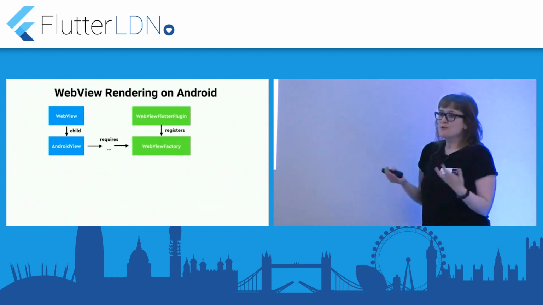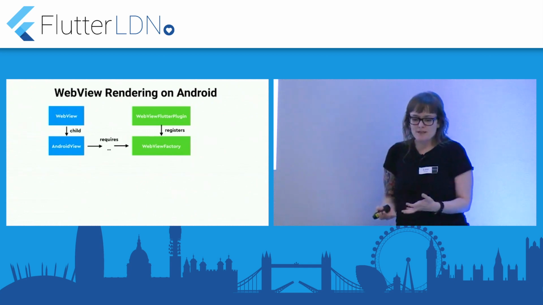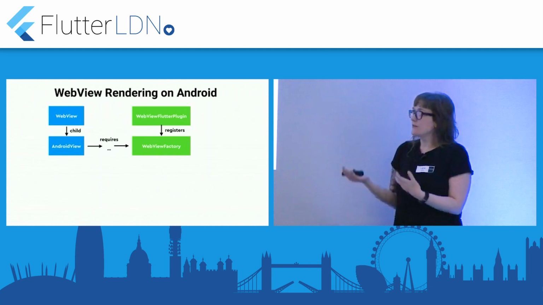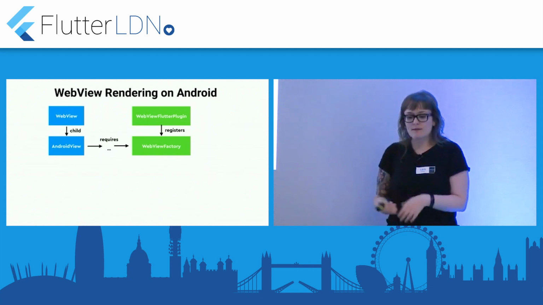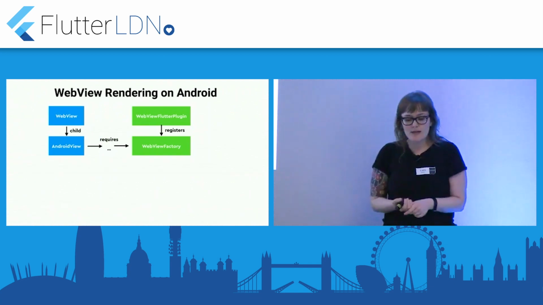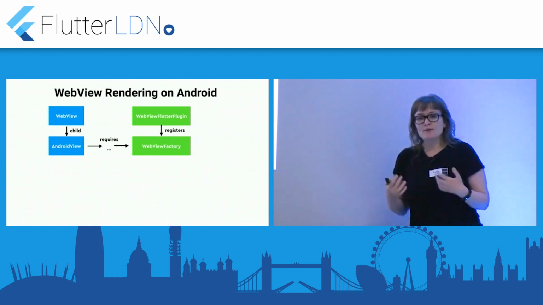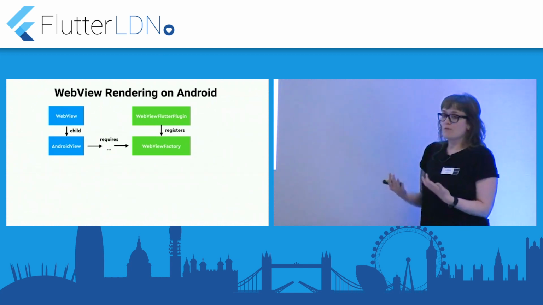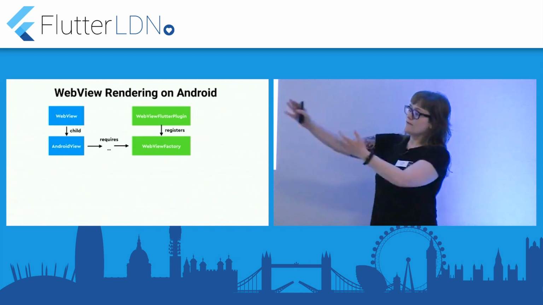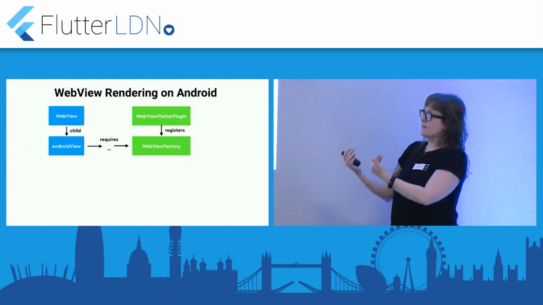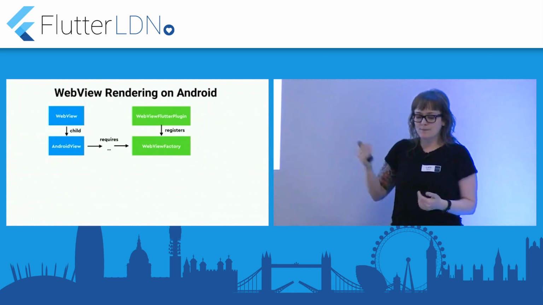So once you start your application, the framework will register a WebView Flutter plugin on the Android side and will give it an ID. So when you need to create a native web view, the Flutter side says, hey, I want you to create a native web view, it's going to use that ID.